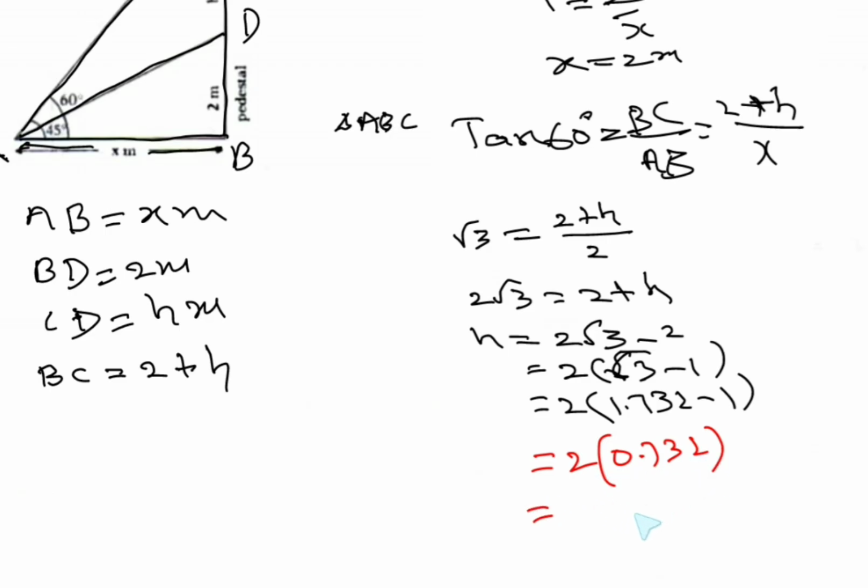Into 2: 2 2s are 4, 2 3s are 6, 2 7s are 14, so 1.464 meters. This is the height of the statue, 1.464 meters.